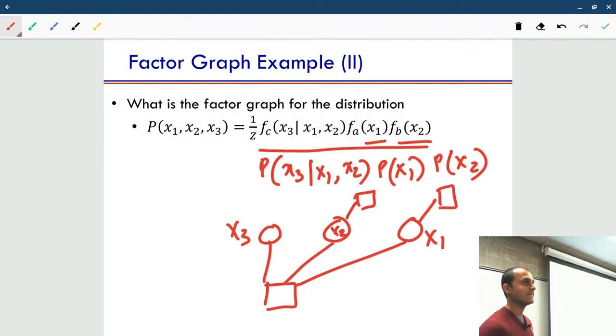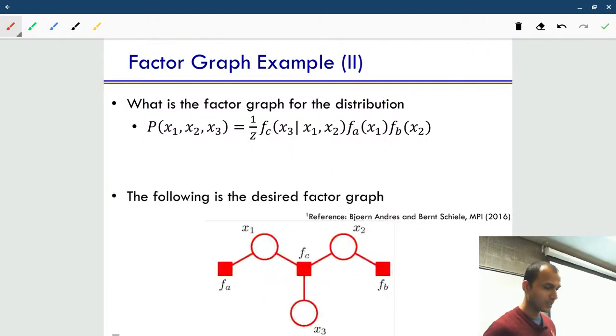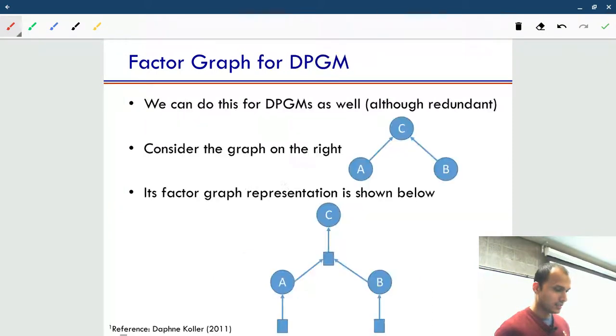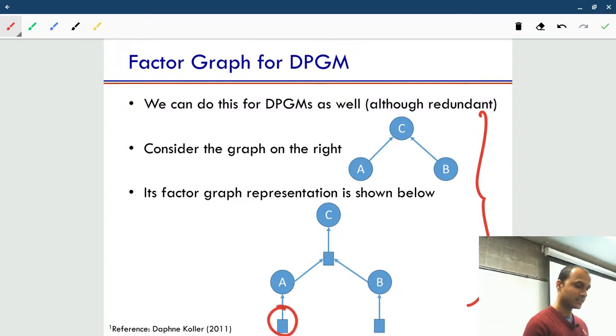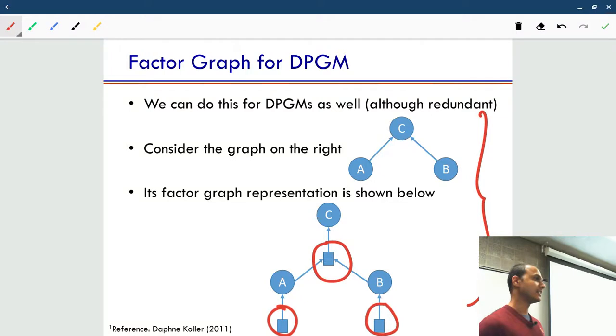Any questions about this? Okay. What I just wrote in the previous slide is the same thing. And as he pointed out, for directed probabilistic graphical models, you already know the factorization, so you can add boxes like this, but that's kind of easy.